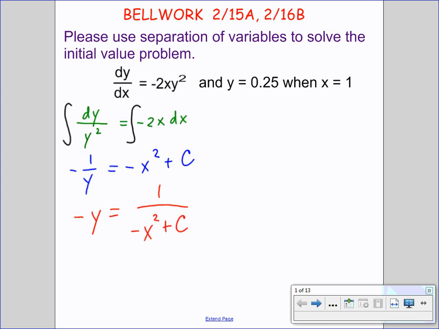So we could multiply the y over and divide by the quantity negative x squared plus c. Or we could take the reciprocal of both sides, so long as you take the reciprocal of the entire right side. That would be quantity negative x squared plus c all over 1. So the reciprocal would be 1 over quantity negative x squared plus c. Divide by a negative.